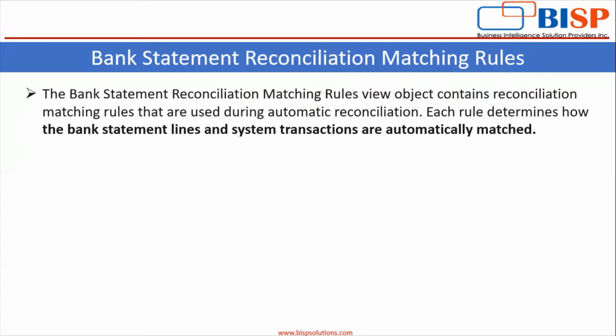For example, if we have four bills and we have made the payment for four bills by one check, then the matching rule will be taken as many to many. Then the system will be able to match the amount with the four bills and will map the amount with one check amount. This is how the matching rules work.